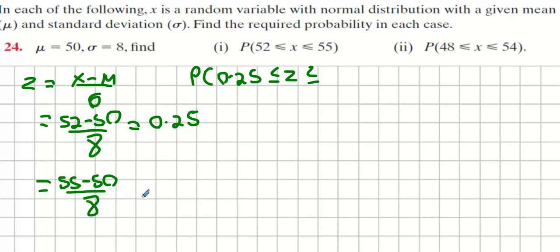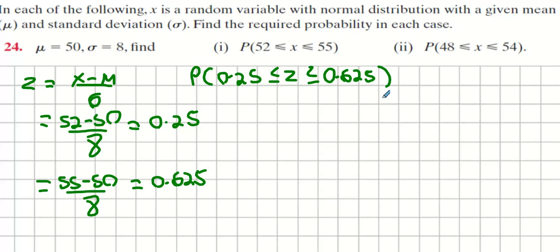What's that then? Is it 0.625? Is that right? Now, doing 0.625 is going to be tricky because it's like halfway in between, isn't it?